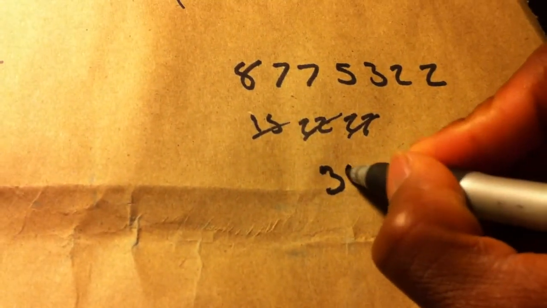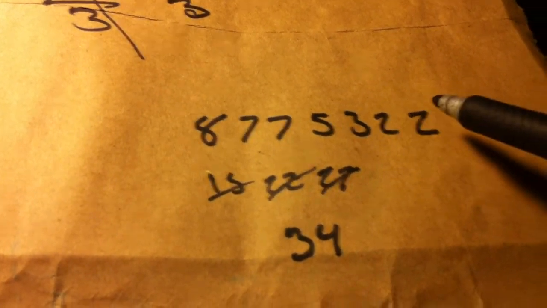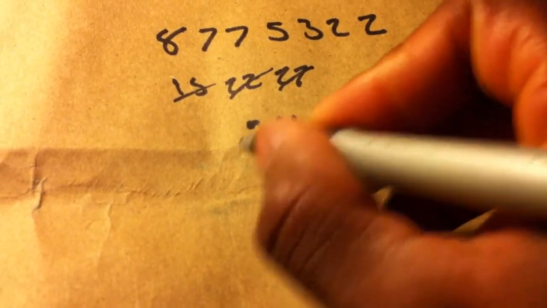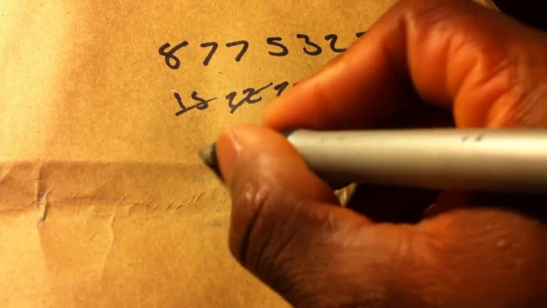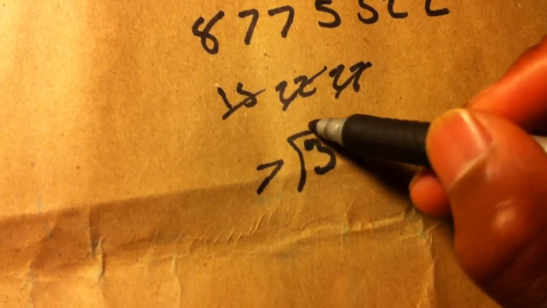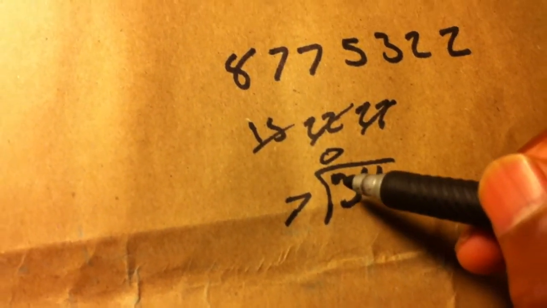So the sum in this case is 34. Now we have 1, 2, 3, 4, 5, 6, 7 numbers. So 34 divided by 7, long division's a big one. Alright, 7 goes into 3, 0 times, but 7 goes into 34.